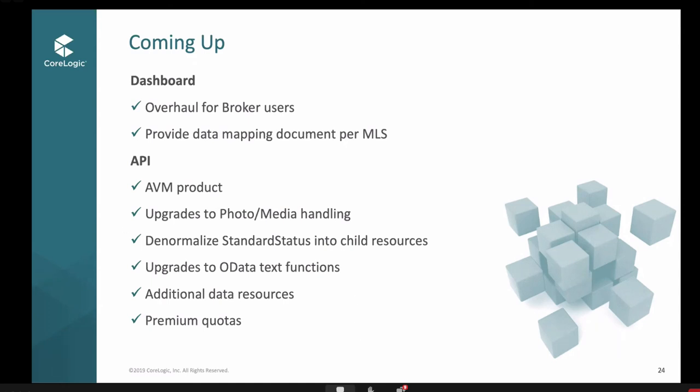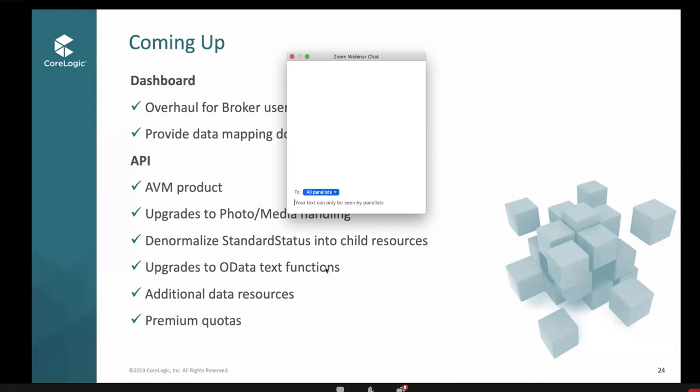We'll be adding some data resources, and I am looking at premium quota levels, particularly to support folks who are doing real-time usage on really popular websites. It's possible to totally crush your quota and be out of business until the hour rolls over, and that's bad. So we'll give people the ability to, essentially, help us fund the infrastructure that they would like to consume from us.